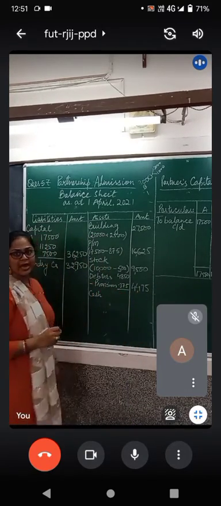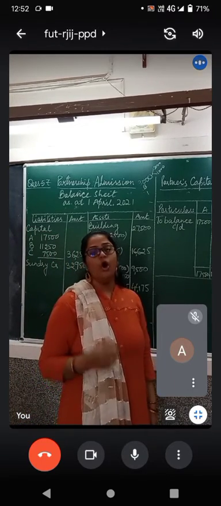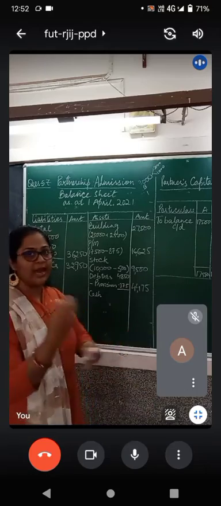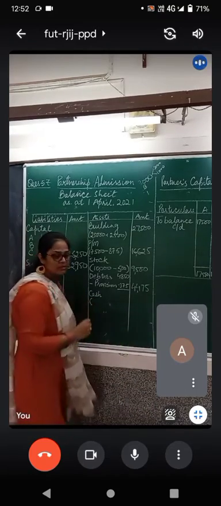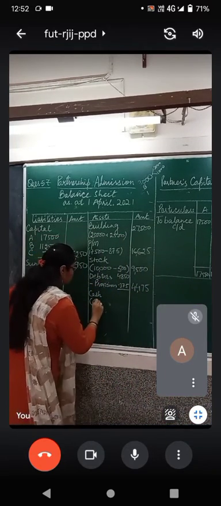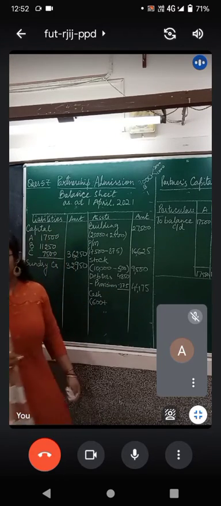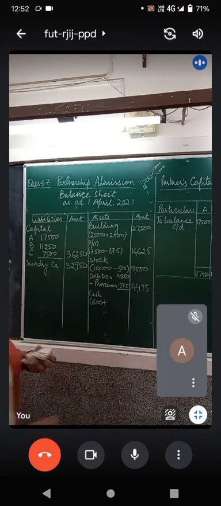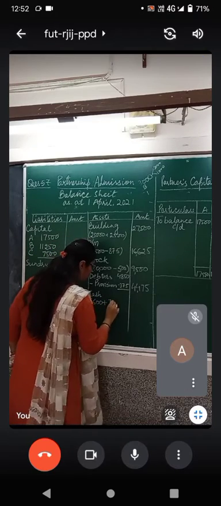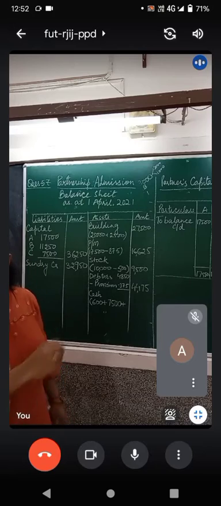Now for cash, what you can do, you can either create a ledger account or you can simply add all the cash that has come in. What was the previous cash in hand in the question? It was rupees 600, you see. So 600 was already there. Whatever C brought, it was rupees 7,500 and it was rupees 3,000 for goodwill.